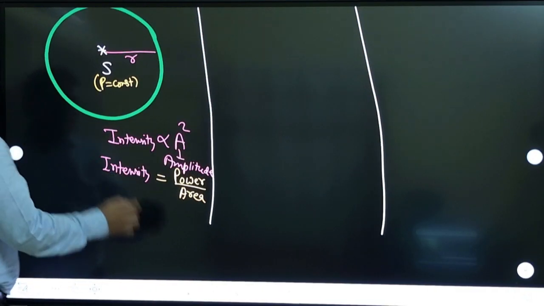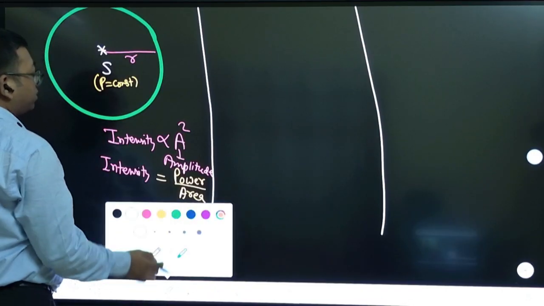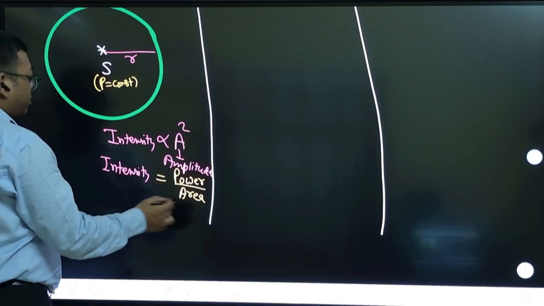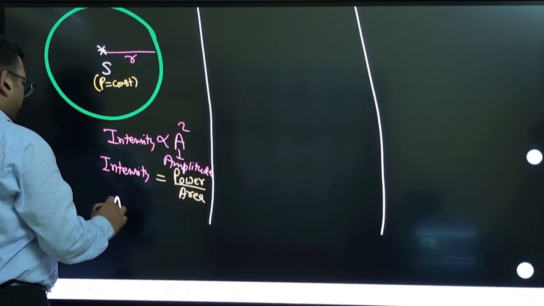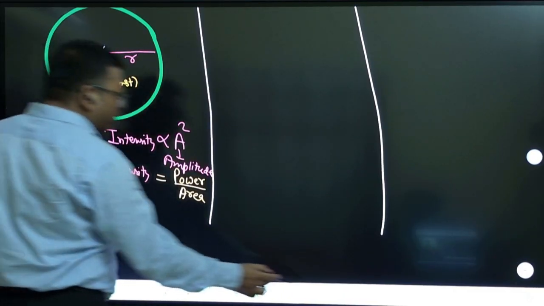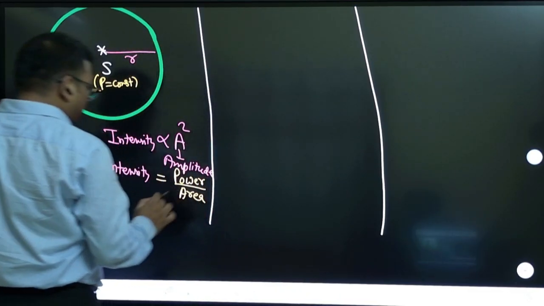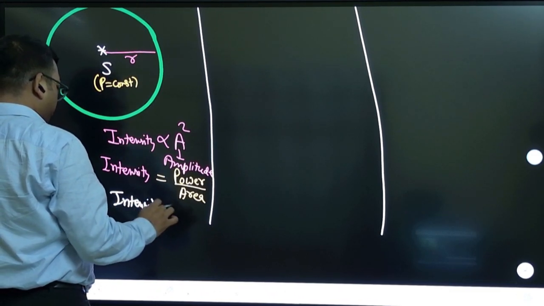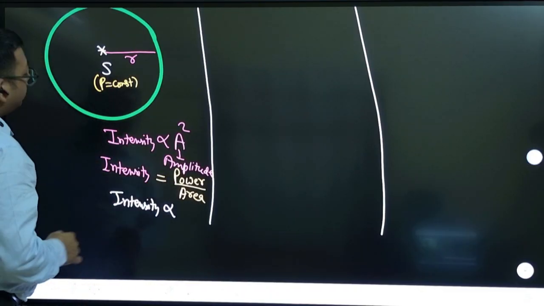So now we can say that intensity is proportional to amplitude square and also to power by area. If you consider power as constant, then intensity is inversely proportional to area.